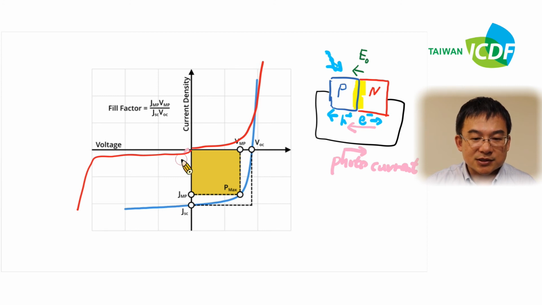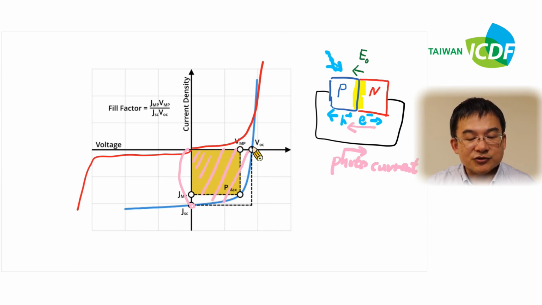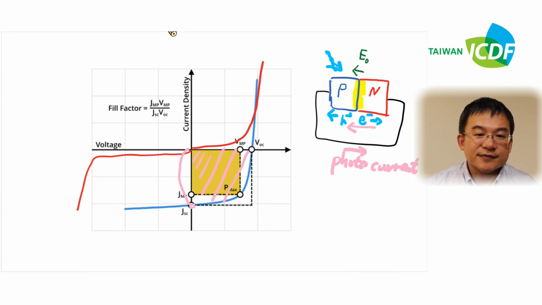So this part is the photocurrent. We call that the Schottky current. And this point we call the open circuit voltage. So this area is the total energy we can store in the battery. The details of this part we will introduce in another course.